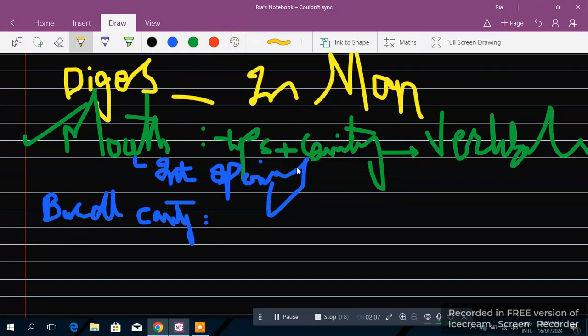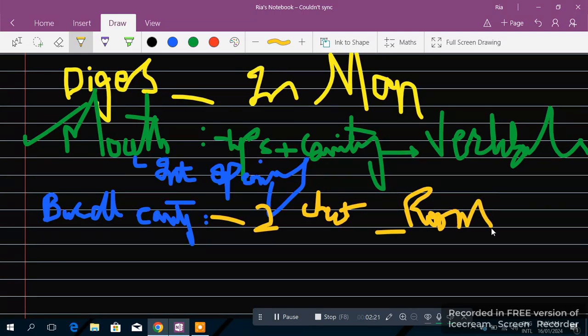So here this is the space between two cheeks. There's one space, and it will form a room-like structure. The upper part you see is the palate, and the palate is divided into two parts.